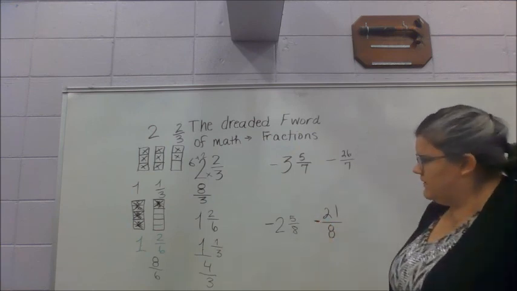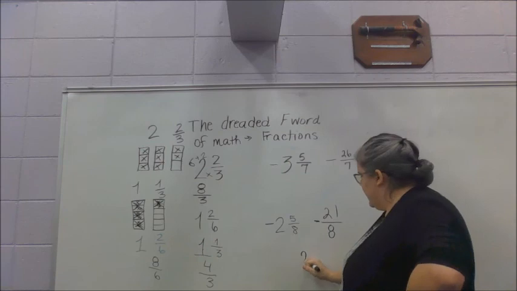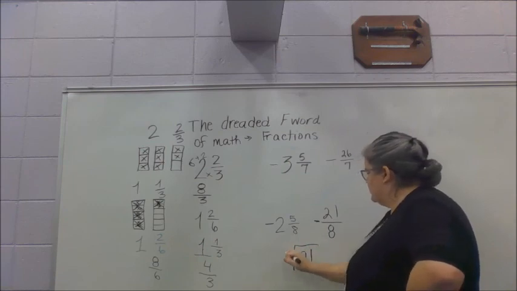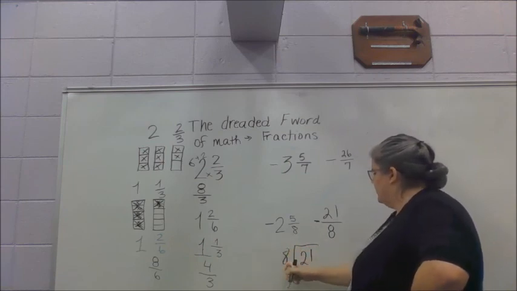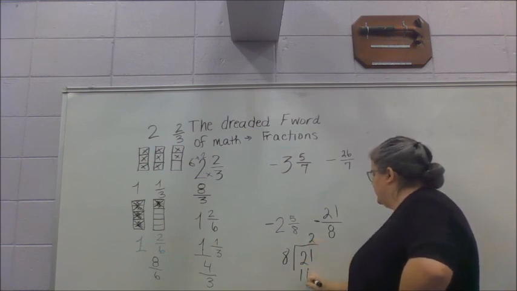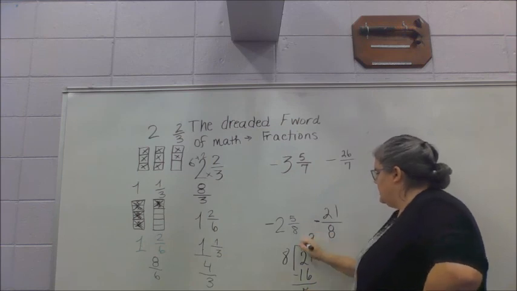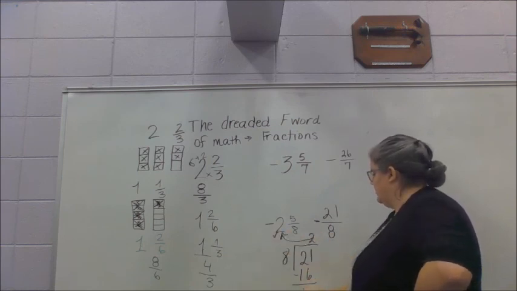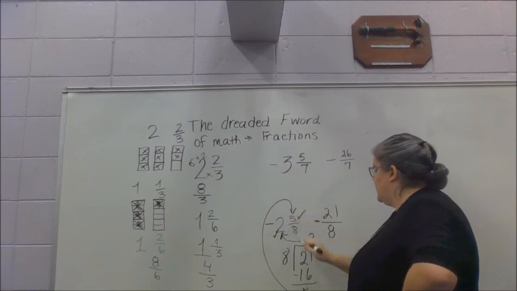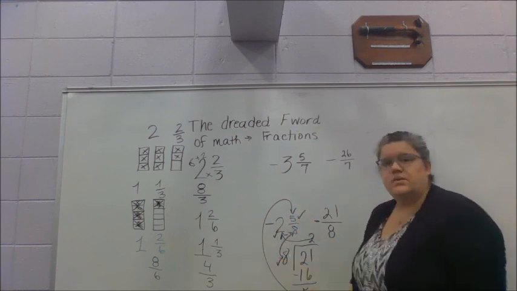Another good habit to get into is to check our answers. So to check my answer for this last one, I would just do 21 divided by 8. 8 goes into 21 twice. 16, I'm going to subtract. That gives me 5. So whole number, check. Numerator, check. And I divided by the correct denominator, check. So we know we did it correctly.